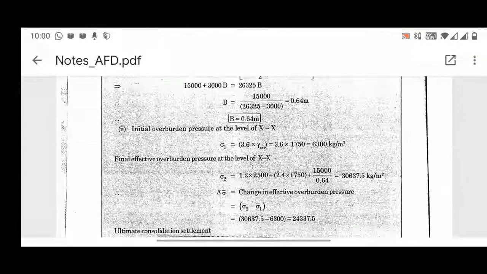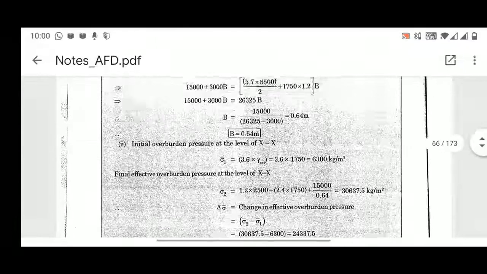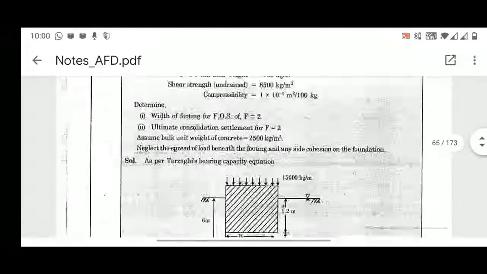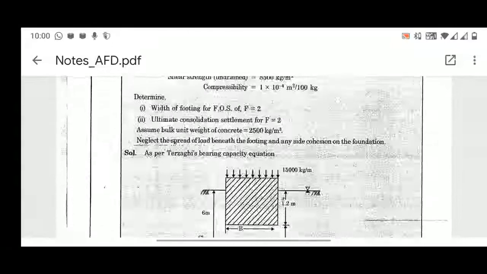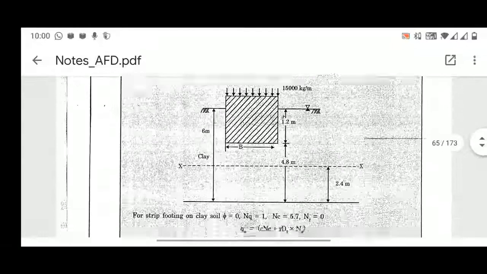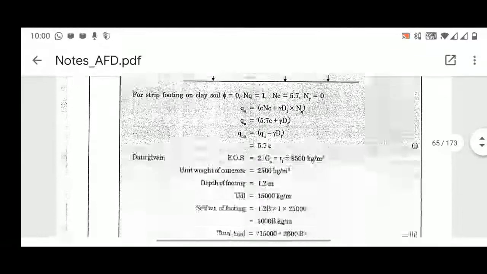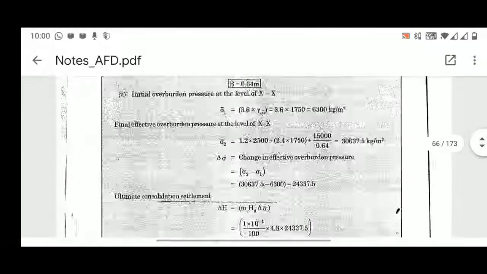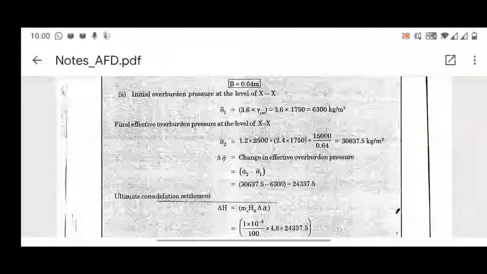Now you have to find the final effective overburden pressure at X6. So how have they obtained it? 1.2 multiplied by 2500, that is the bulk unit weight, the self weight of the concrete. Then 2.4 multiplied by 1750, that is the saturated unit weight, plus 15,000 divided by 0.64.